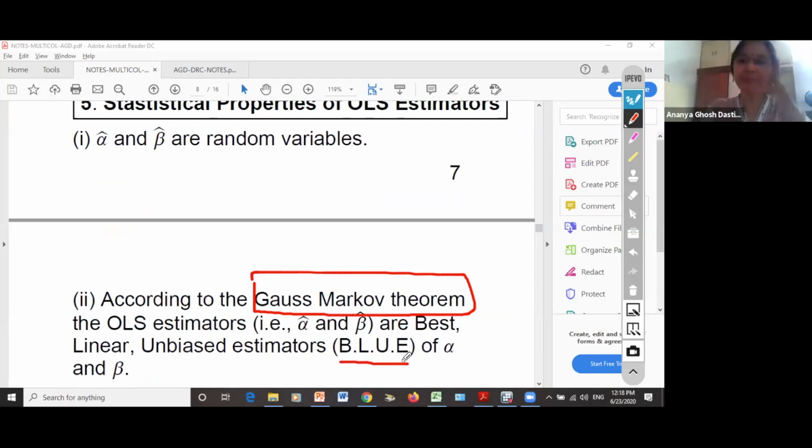And let's take that BLUE apart, because BLUE, as you can see, is an acronym. They are best, they are linear, and they are unbiased. So that's the BLU. And E, well, the E is they are estimators. So the Gauss-Markov theorem, I repeat, is essentially nothing but a statement of the statistical properties of your OLS estimators. All right. Okay. So let's now quickly unravel this.